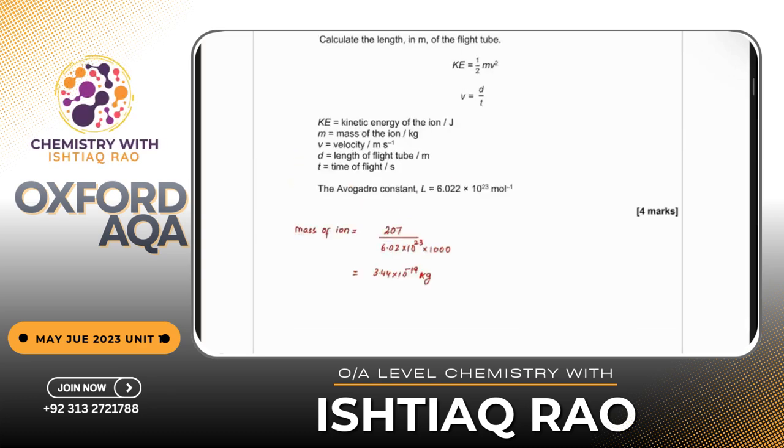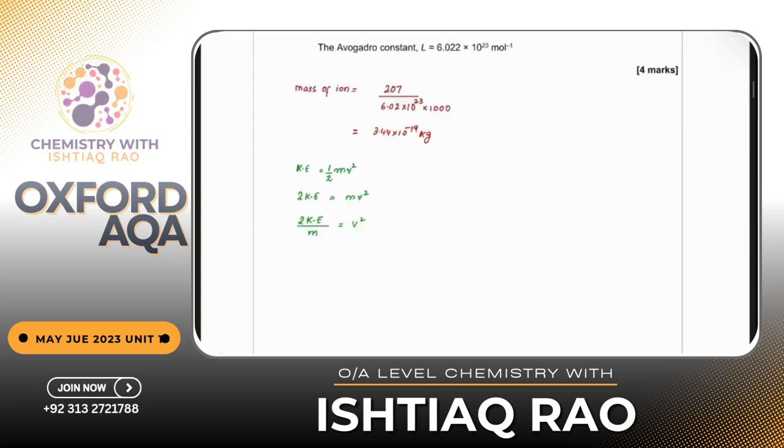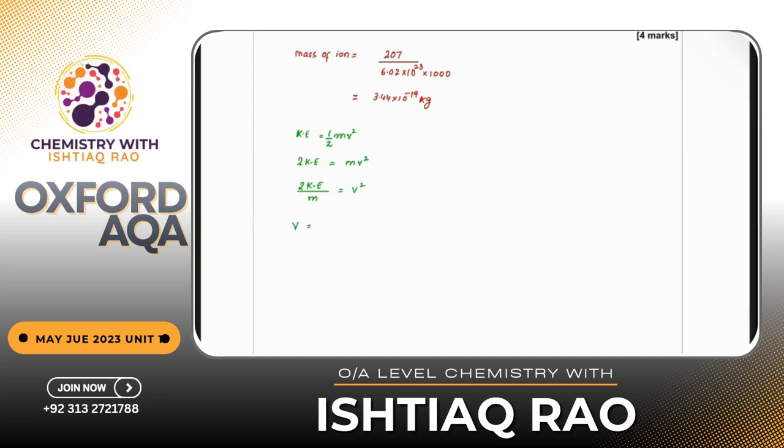Now I'm going to apply the formula KE is equal to half mv squared. Rearranging, 2KE is equal to mv squared, so 2KE over m is equal to v squared, and v is equal to the square root of 2KE over m.